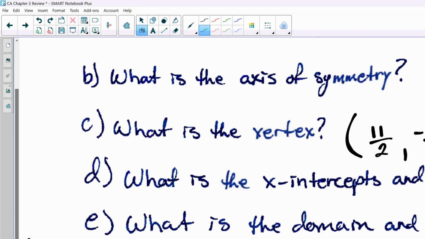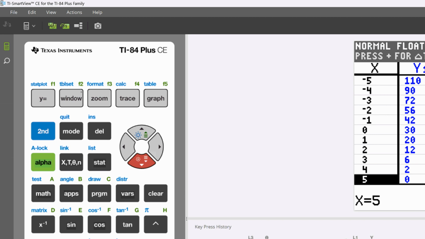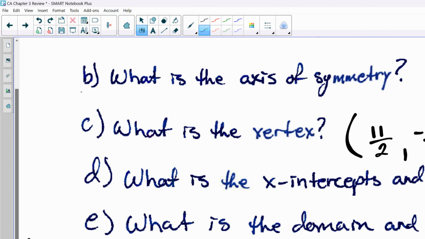Now the x-intercept is whenever the y value is 0, which is at 5 and 6. 5, 0 and 6, 0. Domain is all real numbers.